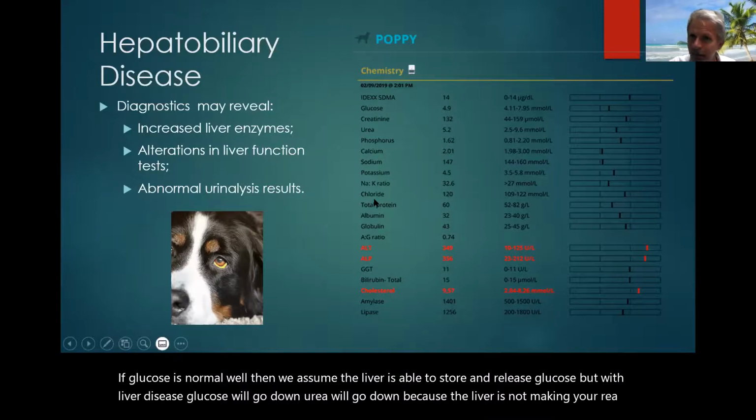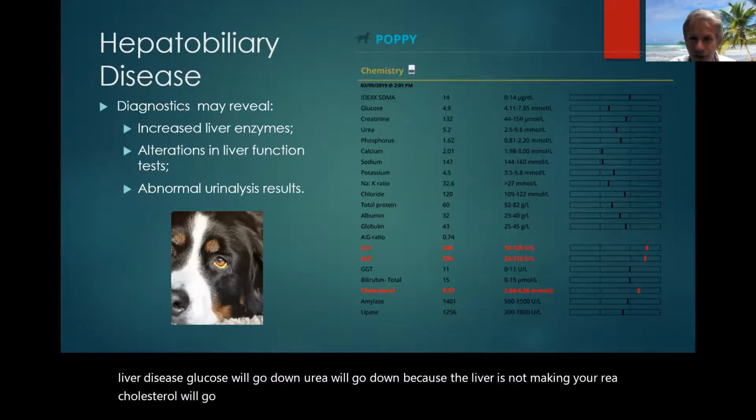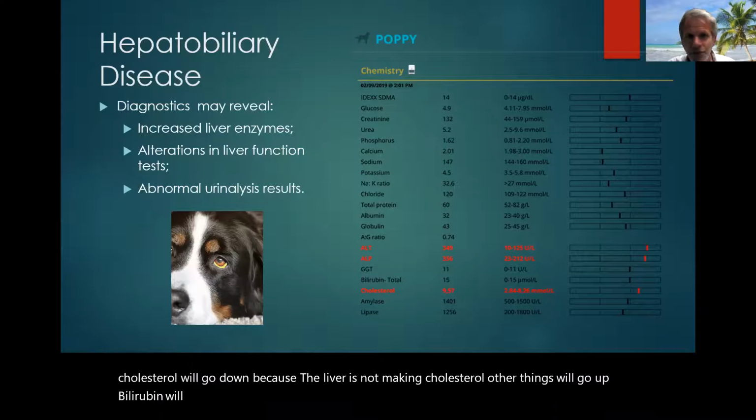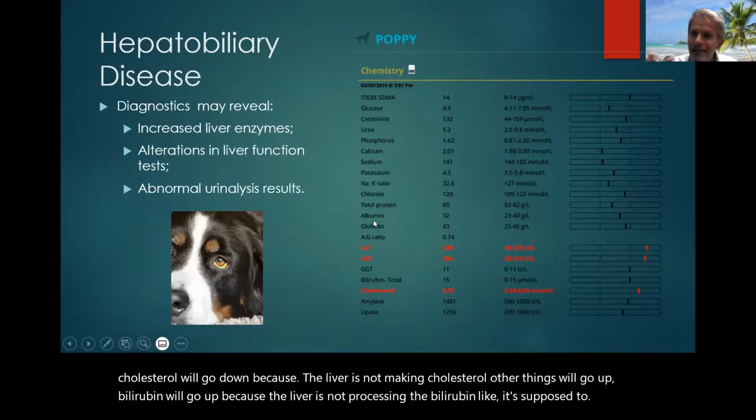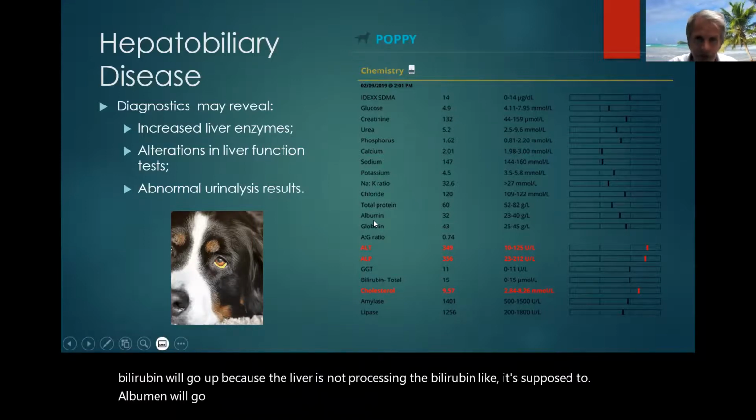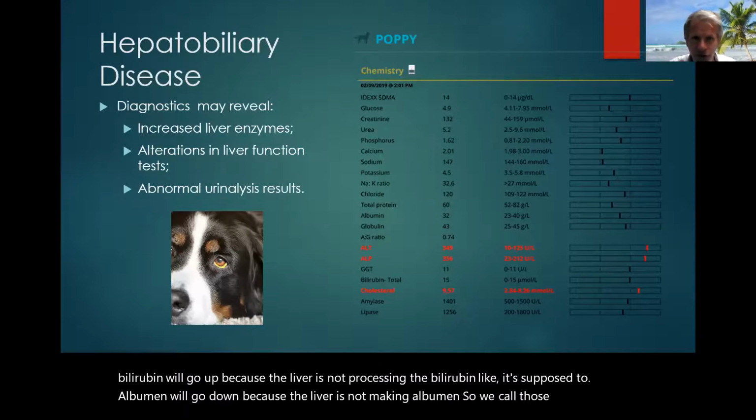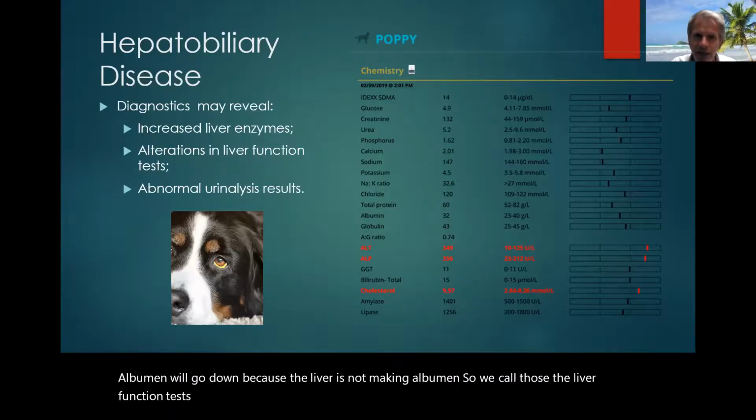Cholesterol will go down because the liver's not making cholesterol. Other things will go up, like bilirubin, because the liver's not processing the bilirubin like it's supposed to. Albumin will go down because the liver's not making albumin. So we call those the liver function tests: glucose, urea, cholesterol.